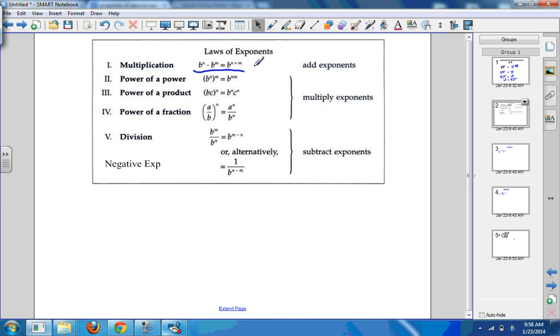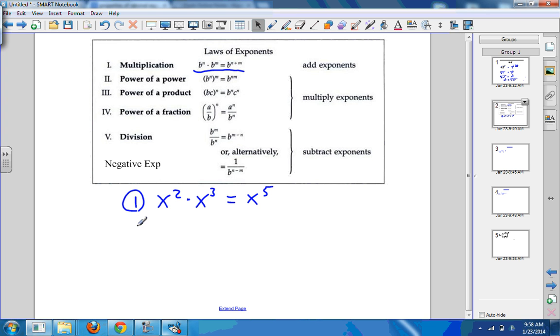So this says b to the n times b to the m equals b to the n plus m, which is a little complicated, but you guys probably know it better like this. We have x squared times x to the third power. That's 2 x's times 3 x's, and so we add our exponents and we get x to the 5th. All right?